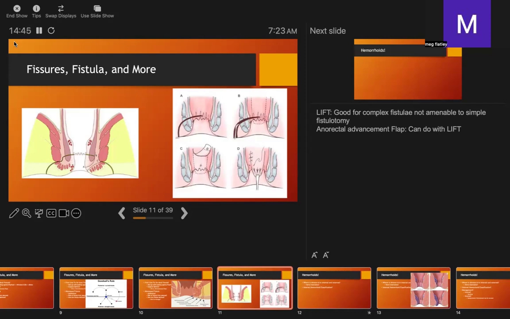What you're trying to do is create a flap that you then pull down over the os of the fistula, so you're in essence trying to prevent the bacteria from the anorectal canal from getting into that and causing more irritation. Both of these don't have the greatest efficacy, which is why there are multiple different procedures that we do.